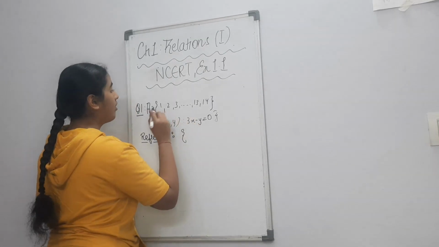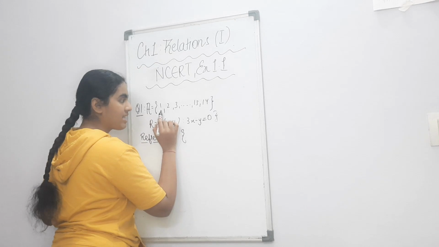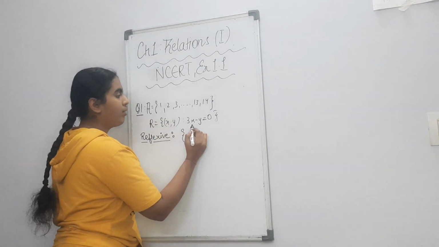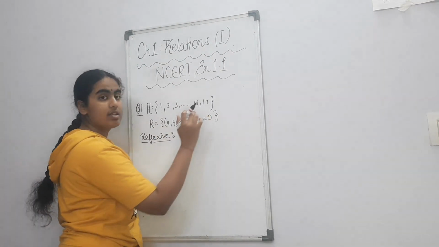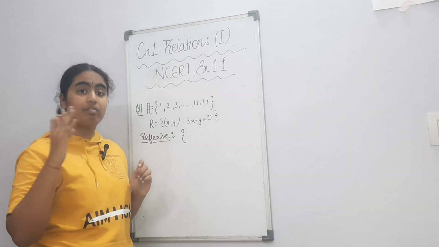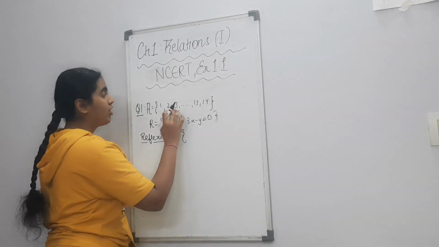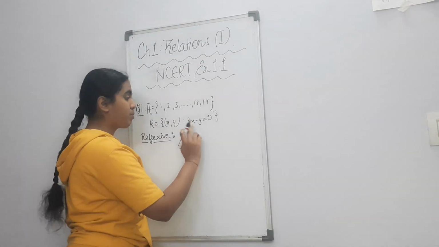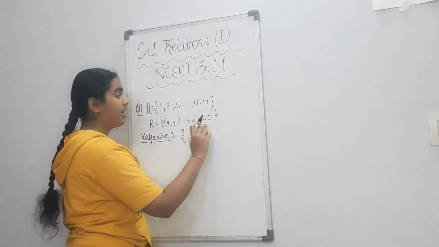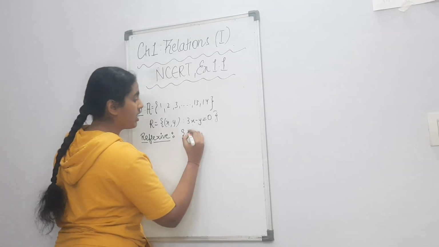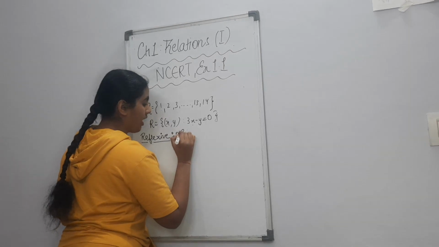So, first up, if we take 1 as a number, then y would be 3. So 3 into x, which is 1, minus y, which is 3, equals to 0. That satisfies the condition.